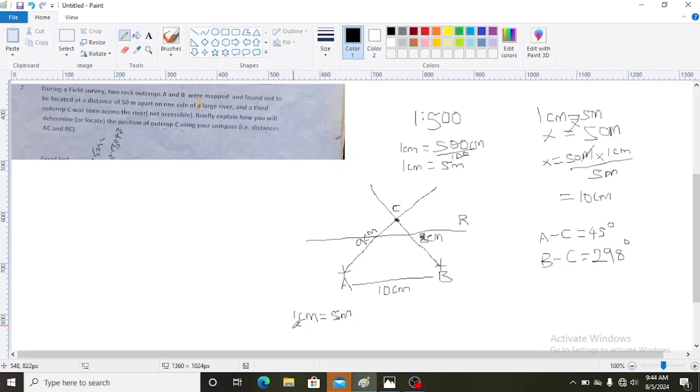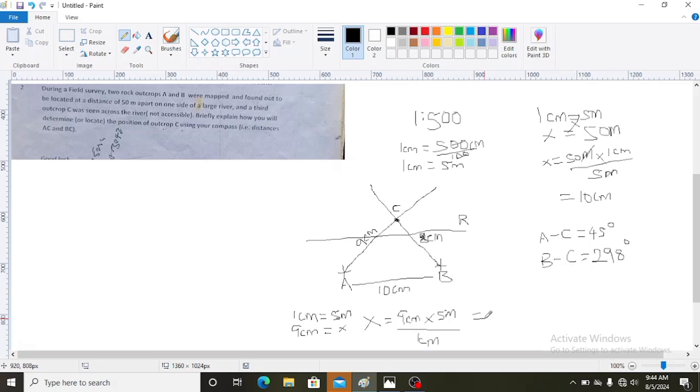Then 9 centimeters will give us how many meters? X. So our X now will be 9 centimeters times 5 meters, divided by 1 centimeter.